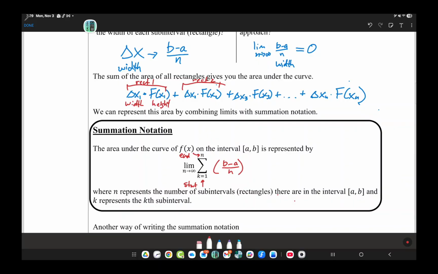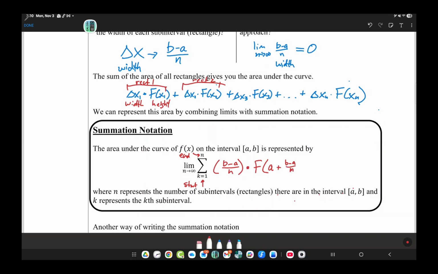And the function, because this is our height, is going to start at a. When we plug a value into our function, we start at the initial value, at a, and then we add our delta x, our change, our b minus a over n.